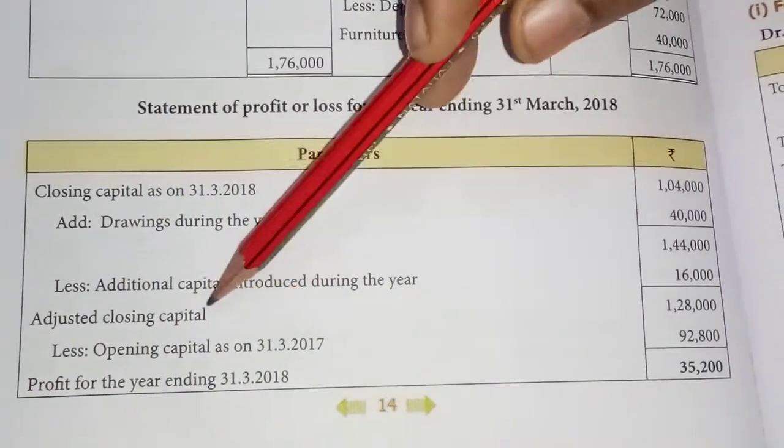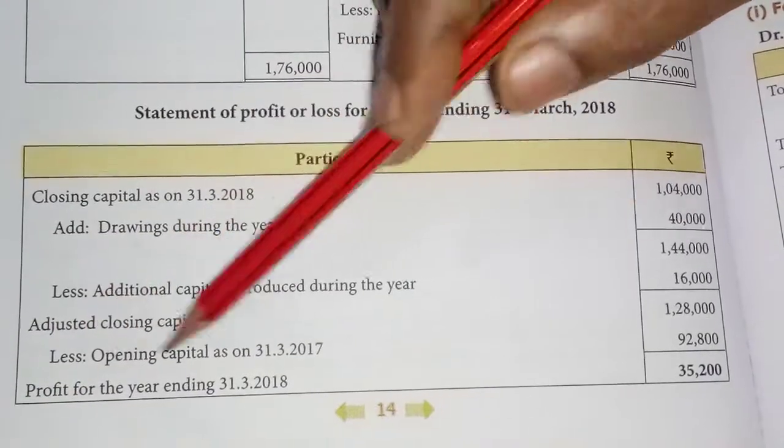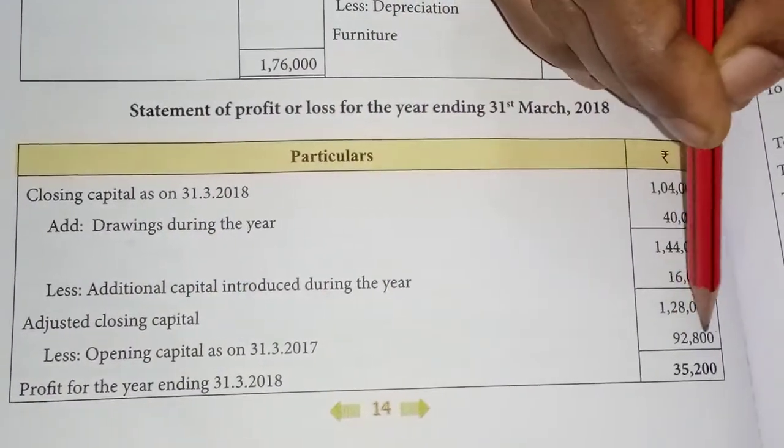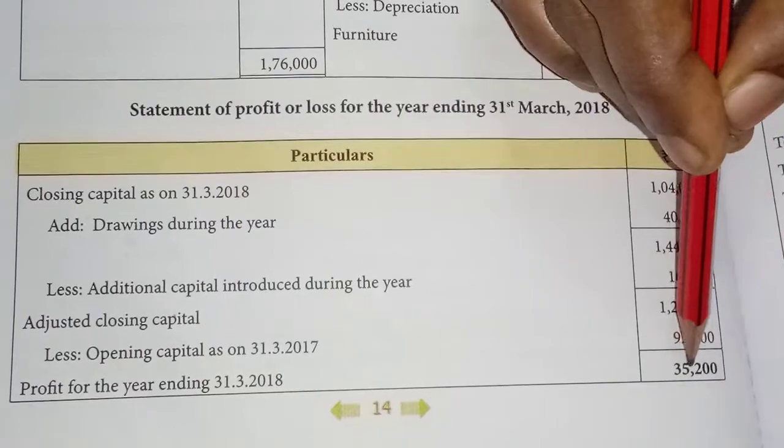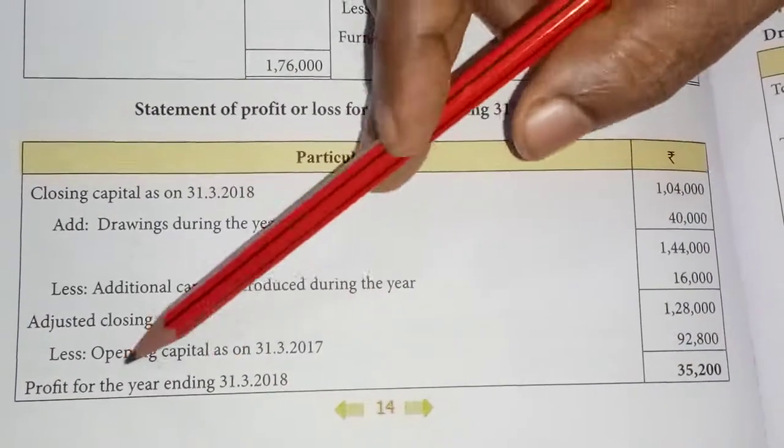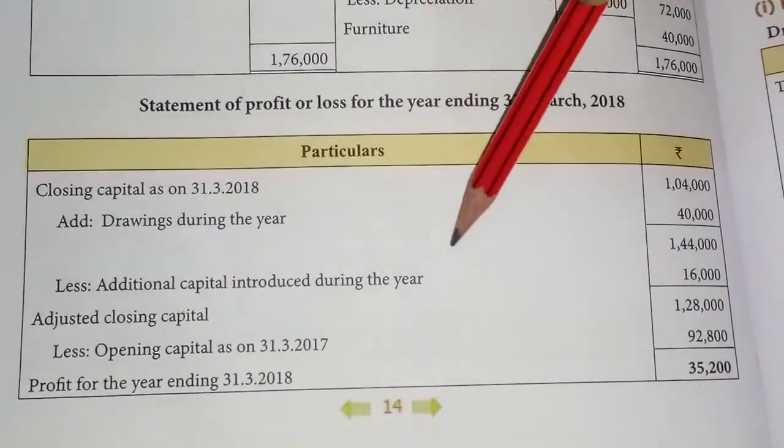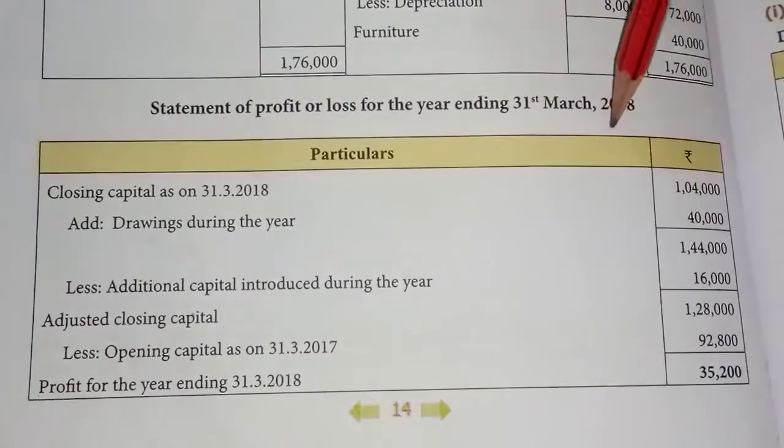Then from that adjusted closing capital we should deduct the opening capital 92,800, we will get 35,200. Write profit. I think you might have understood this one.